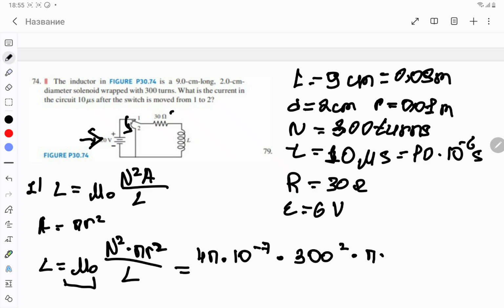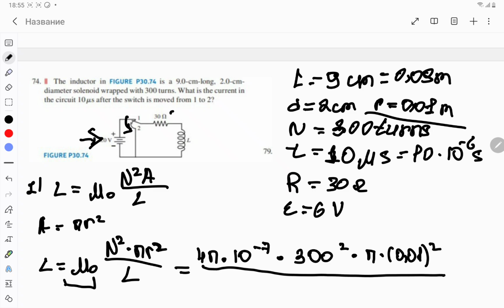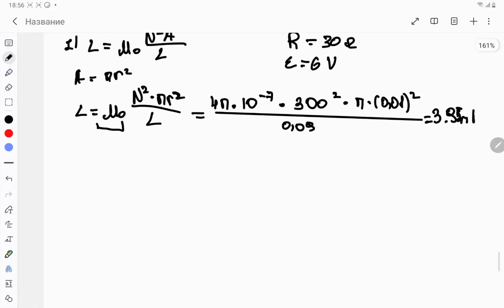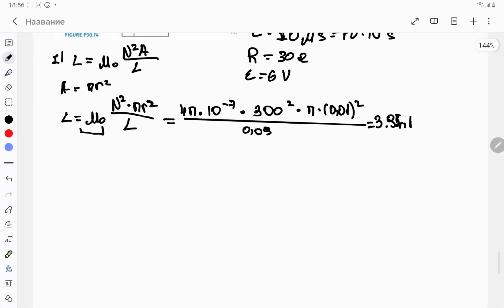We know the value of R also, over l. We know the value of l too. The final answer is 3.95 microhenries. So, okay, let's write it here clearly.